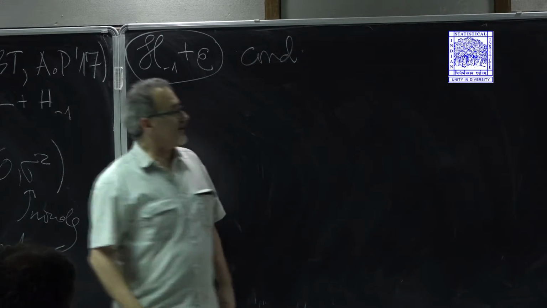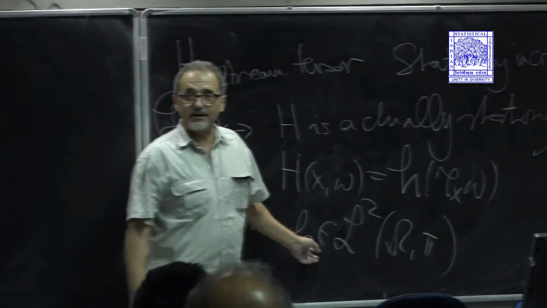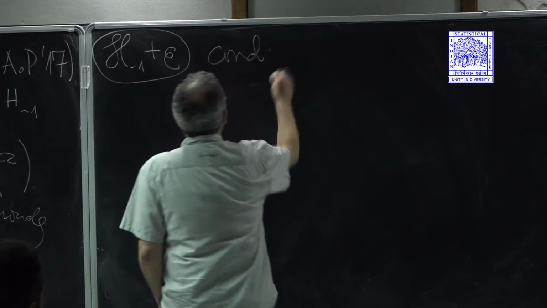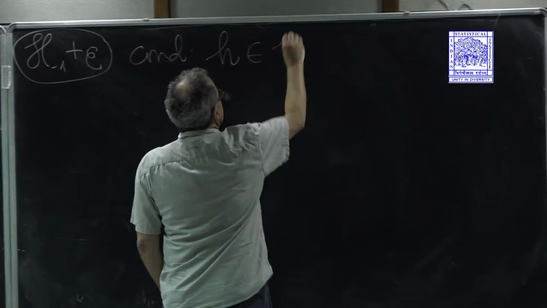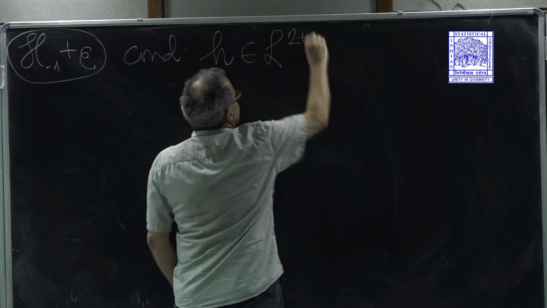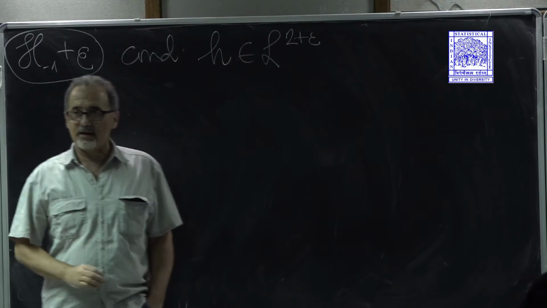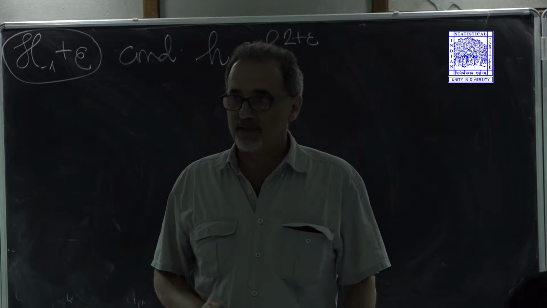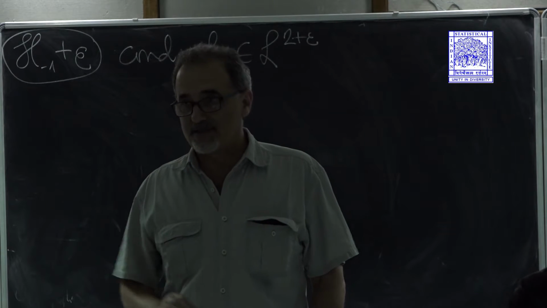You will see why. All those things hold, but I assume that the H you get here is not just L2 but L2 plus epsilon, slightly more integrable, in any dimension. Epsilon doesn't depend on the dimension. It's a little bit more, to interpolate, that I need for the next result.